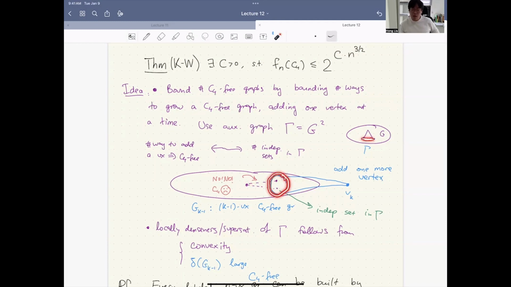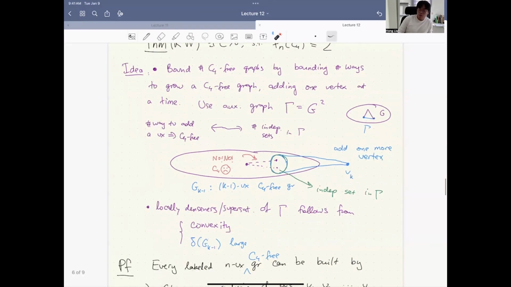This will correspond to an independent set in the auxiliary graph. So bounding the number of extensions is the same as bounding independent sets in this auxiliary graph. And as we can see, this auxiliary graph is locally dense by choosing this degree sequence cleverly, so that every time we can guarantee the minimum degree of the current graph is quite large, and the degree of this vertex is at most the minimum degree of the current graph plus 1. We don't add too many high degree vertices. And convexity tells us that this auxiliary graph is locally dense.